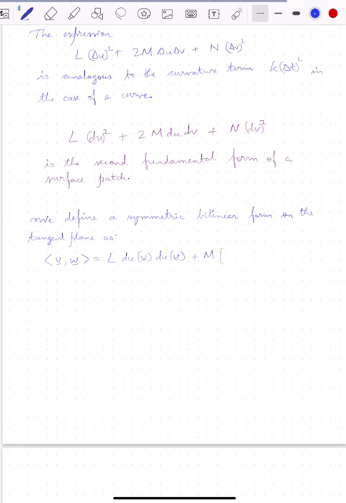And then we have plus m du of v vector and dv of w vector plus du of w vector and dv of v vector, right? And then plus n dv of v vector and dv of w vector, right? So this is how the symmetric bilinear form is defined on the tangent plane for the second fundamental form, right?